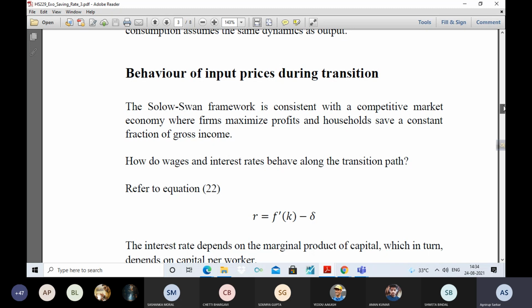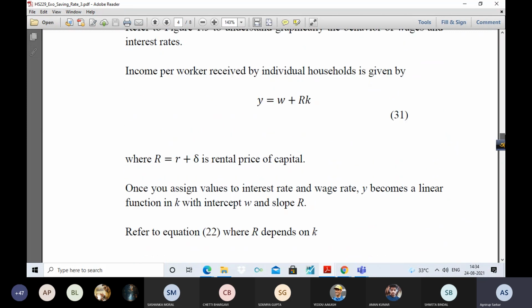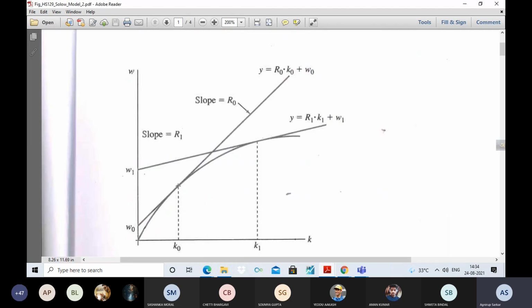So this is our income function. This is our income function, the slope of which is capital R, and this must be equal to the slope of f(k) at the specified value of k. So for example, looking at this figure, take any specified value of capital, k naught, let's say.